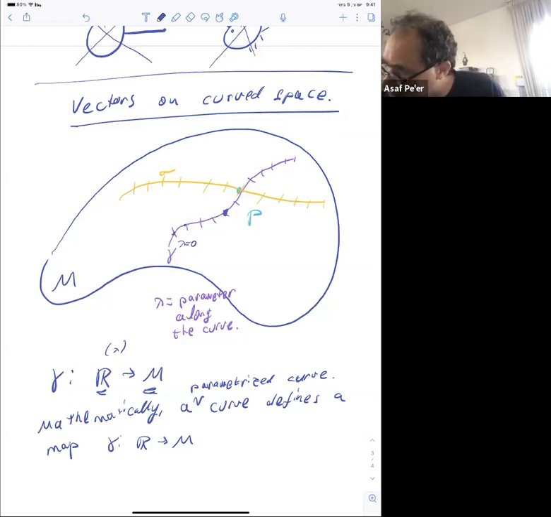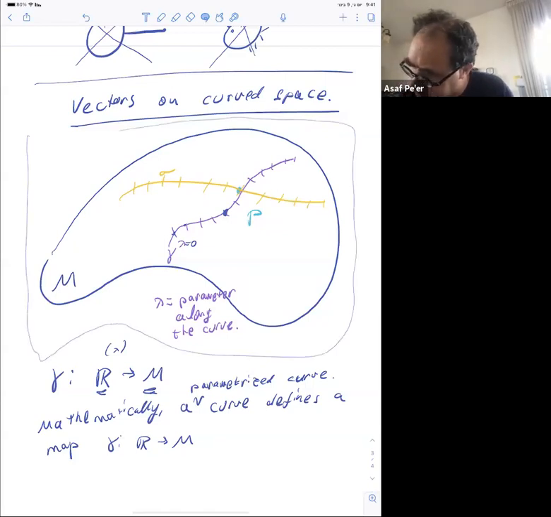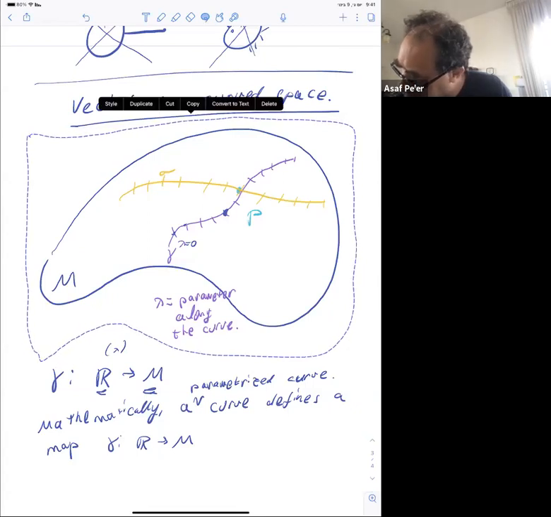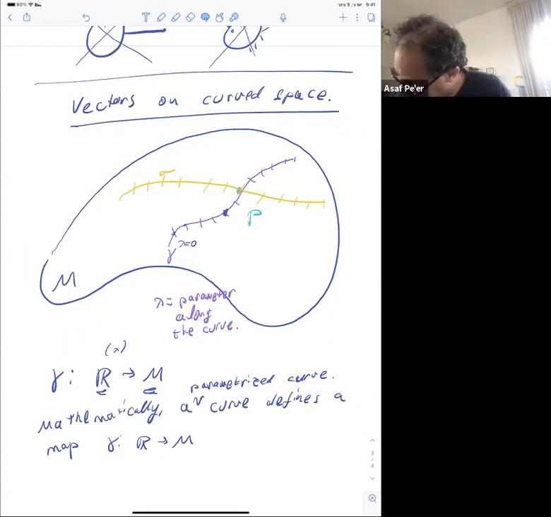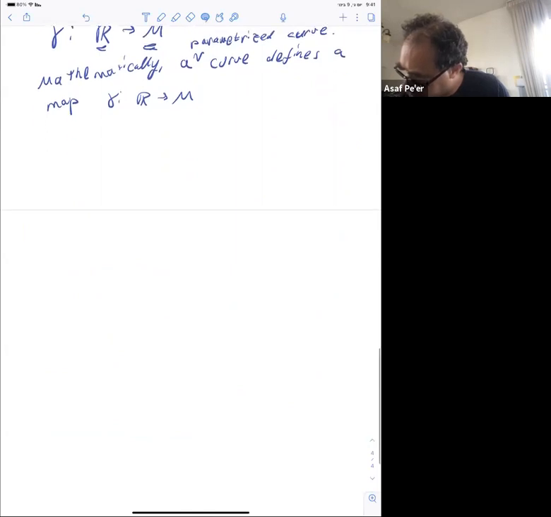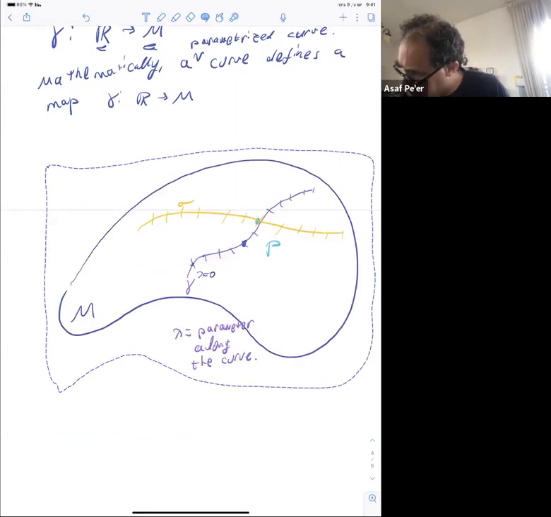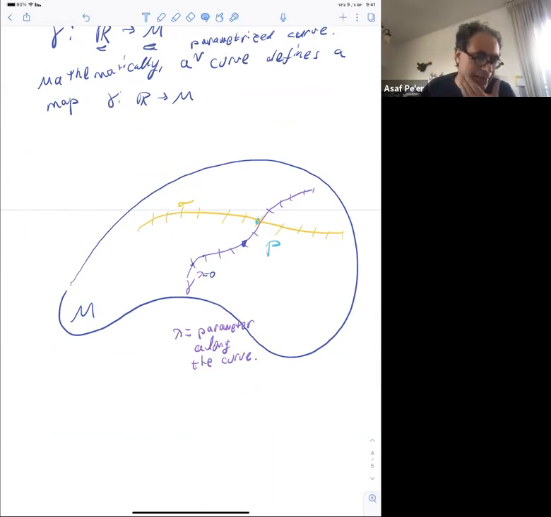Let me do it again. The next step, the second attempt, is to assume that I do have some coordinate system in the vicinity of the point P. I can always have that, because if I look close enough at P, since M is a manifold, it looks Euclidean.